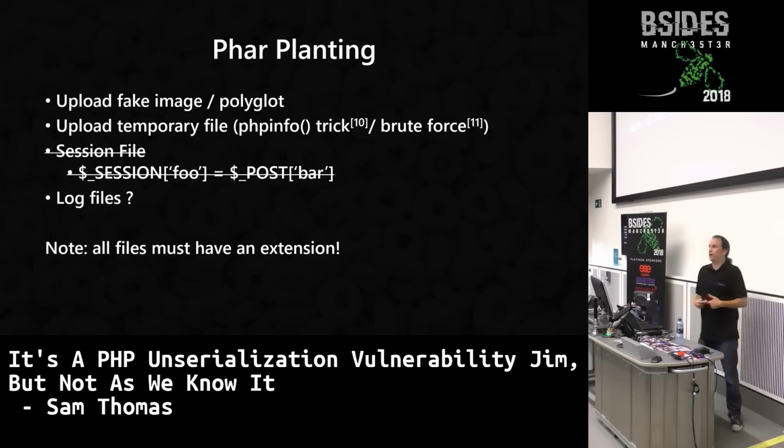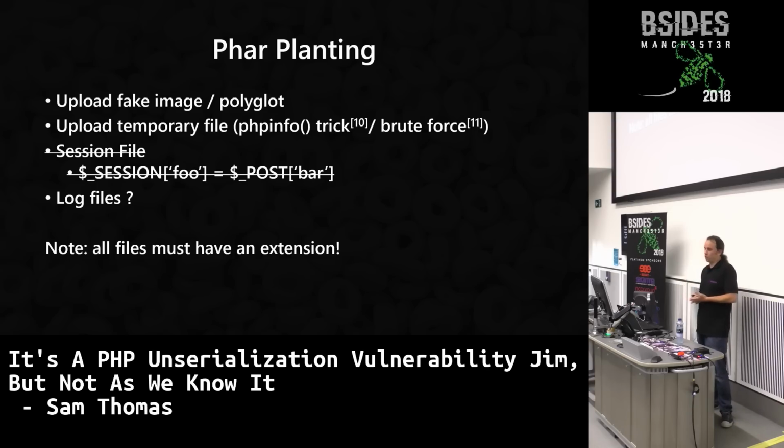Right. So I mentioned earlier about file planting. Is there anything beyond just uploading a file to the target application we can do to get one on there? There's a couple of tricks from local file inclusion that we could use. I've referenced them there.